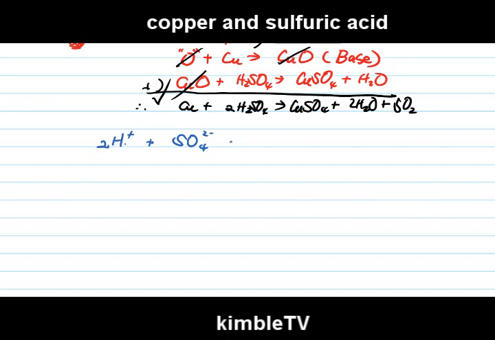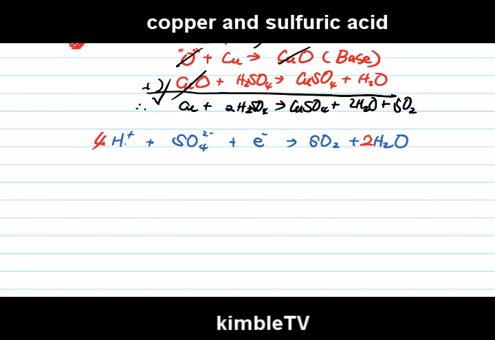If this gains electrons, sulfur dioxide and water are produced. So balance: right-hand side 3 oxygens, left-hand side 4 oxygens. Therefore, we should add a water molecule, and this will be 4.